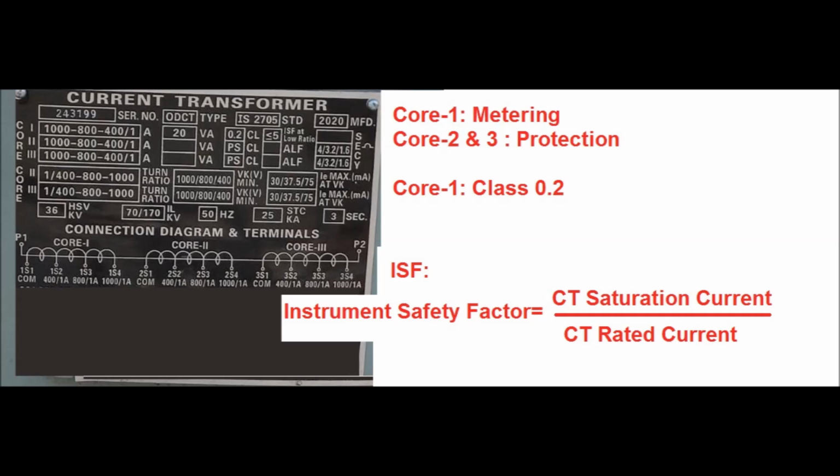So if it is a 400 by 1 CT ratio, then instrument security factor 5 means if 5 times the rated current flows in the primary side, then CT will saturate.